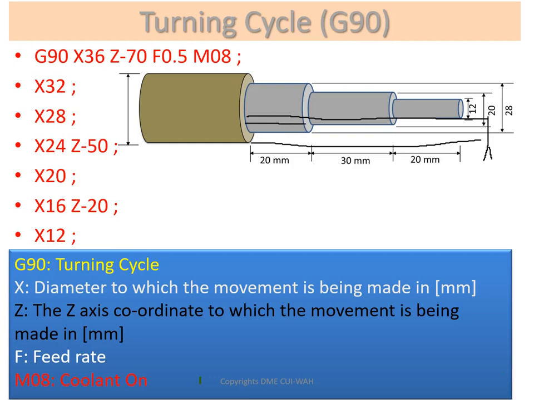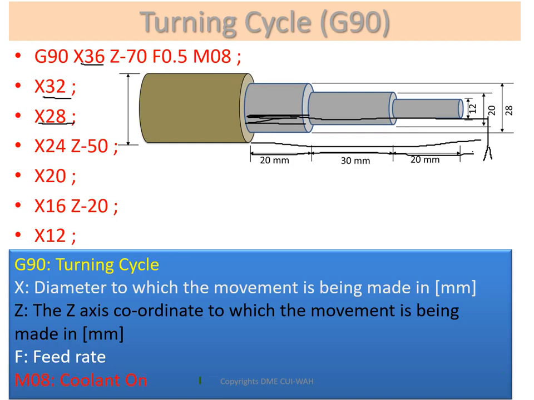From 40 it will bring it to X36, then X32, then X28. This one is X28, up to a length of 70 mm. From this point to this point, this length is 70 mm. So now our diameter is reduced from 40 mm to 28 mm. This part is 28 mm, from the initial point to this point, up to a length of 70 mm.